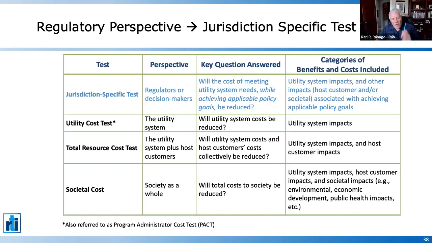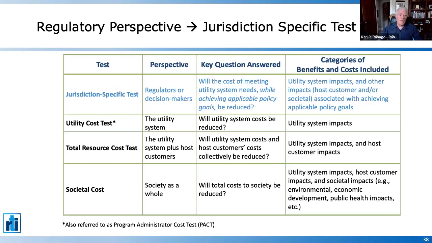We're asking, with those policy goals in mind, will this meet the needs and be cost effective? Will costs be reduced, if you will? And we at least look at utility system impacts, but we look at other impacts as dictated by those policy goals.